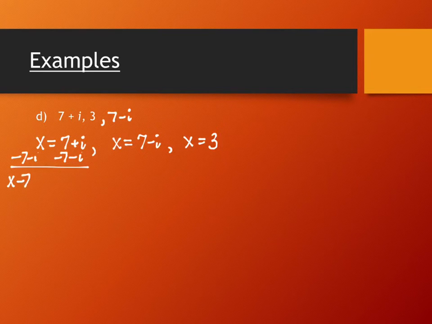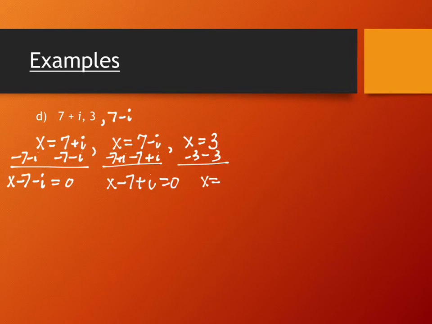So this is x minus 7 minus i equals 0. And the other one I have to subtract a 7 and add an i. So it's x minus 7 plus i equals 0. And the last, of course, is simply x minus 3 equals 0.